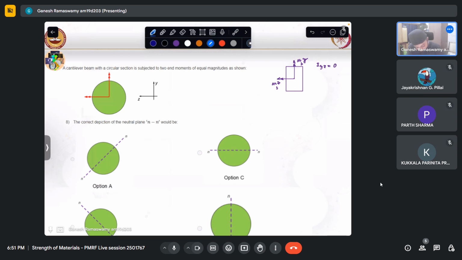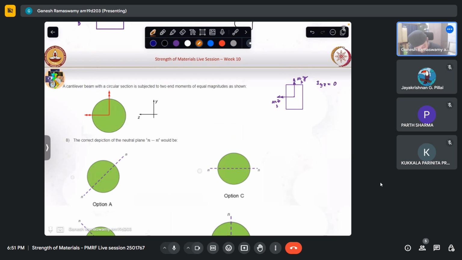So a cantilever beam with a circular cross section is subjected to two end moments of equal magnitudes as shown. So in the YZ plane, we have a circle and it is applied with two moments like this.